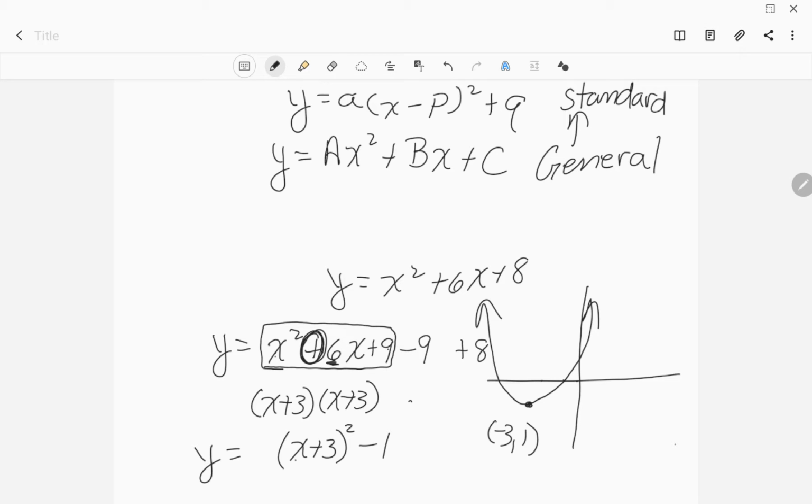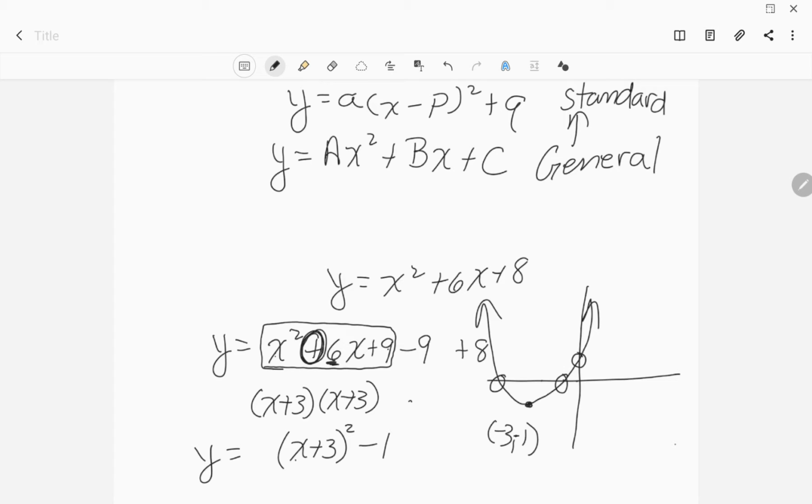Now they want to know about the intercepts. If they want to know the intercepts, if you've graphed it carefully, you can get your intercepts right off of your graph.